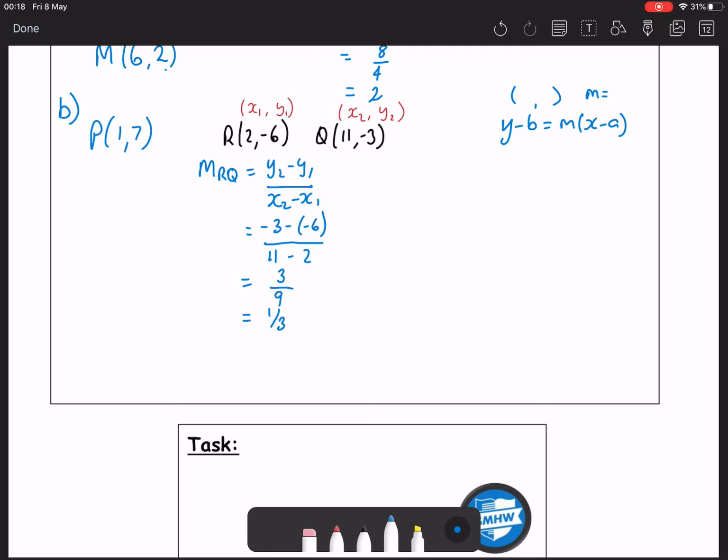Now my perpendicular gradient: m RQ times m perpendicular must equal -1. So m perpendicular would be 3 over 1, negative, which equals -3.